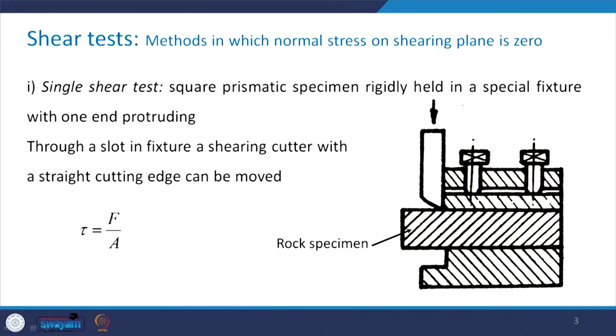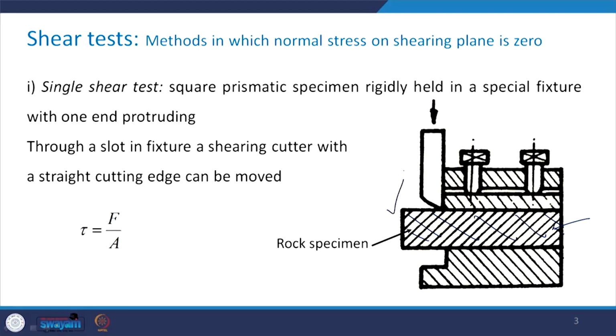First one is single shear test. You can see here in this figure that a rock specimen, that is this one, is mounted on this assembly, which is, this specimen is square prismatic specimen, and it is rigidly held in a special fixture with one end protruding.